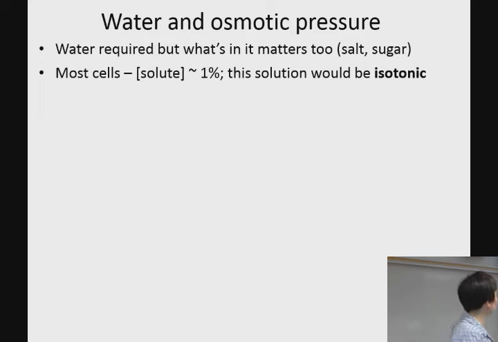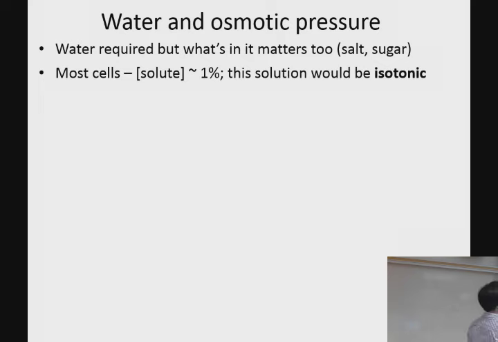Now, how can we define this? Most cells, if you just look at sort of the broad spectrum, what's dissolved in them is about 1%. The solution is considered to be about a 1% solution. So for comparison, a 1% pure solution, say, of sugar would be 1 gram in 100 mils. So this is taking basically 1 gram of all the things in about 100 mils would be a 1% solution.